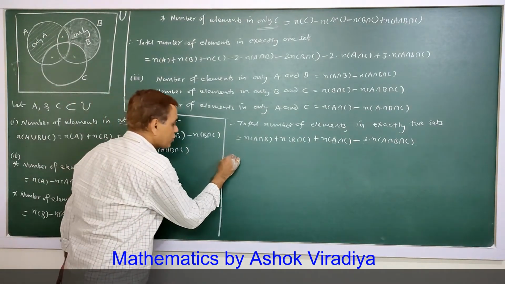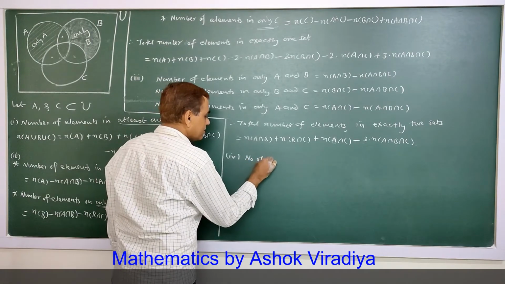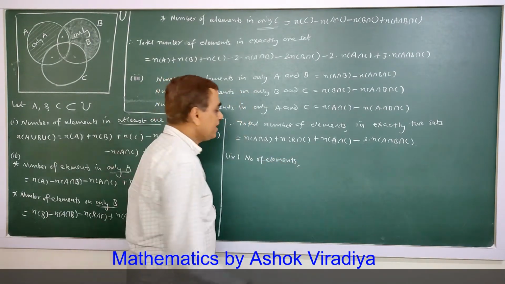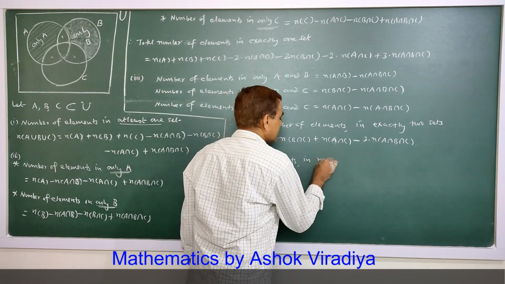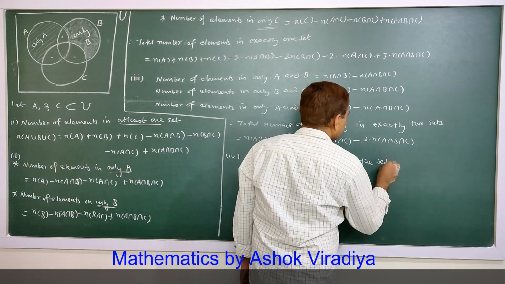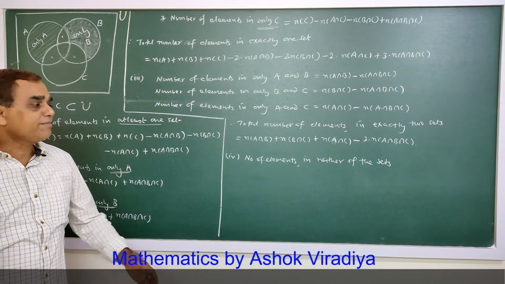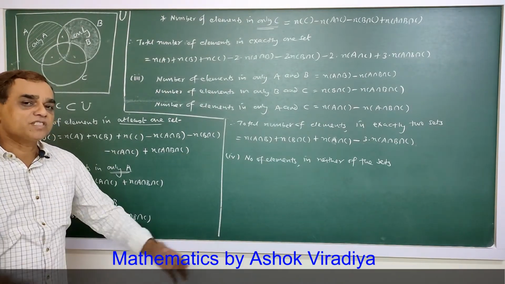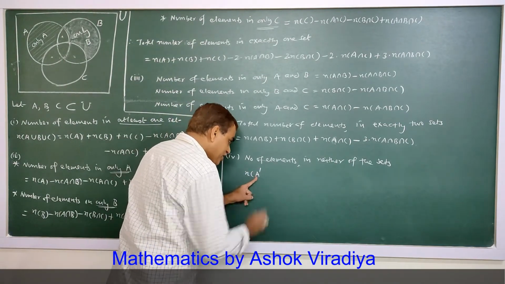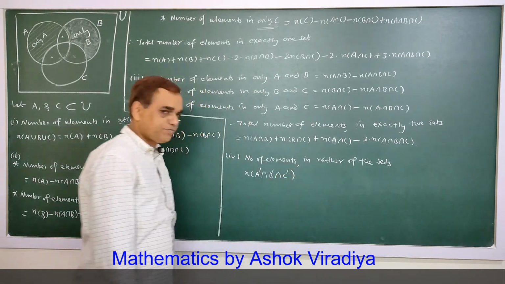Then fourth equation, number of elements in neither of the sets, that is, the number of elements which doesn't lie in any of the 3 sets, that is number of elements in A dash and B dash and C dash.